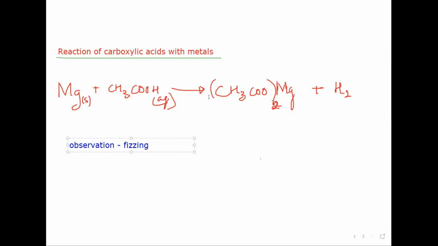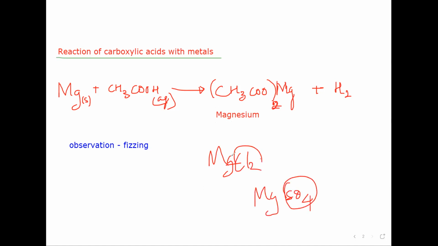Now what is this compound called? We call it magnesium. What is the other ion? Just like magnesium chloride. What is this ion, CH3COO minus? If the salt is MgCl2, we call it magnesium chloride, or this is magnesium sulfate because this is sulfate ion and this is chloride ion.